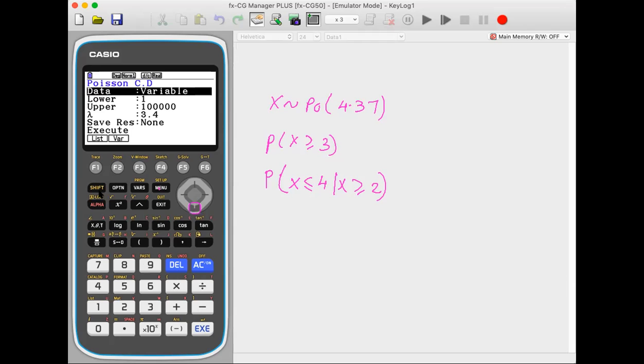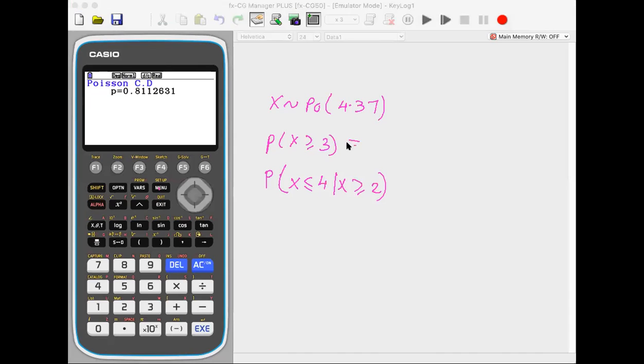So go for PCD, lower value is 3, upper you can put a big number, and the mean is 4.37. So the answer is around 81% chance or probability, this is 81.12% chance. Or you can say this is around 0.811.